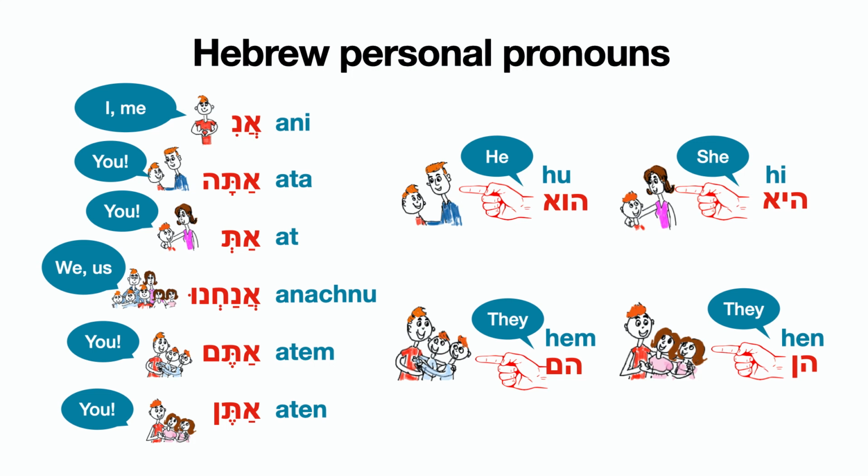And hu means he, hi means she, and hem means they when referring to males, and hen with an n means they when referring to females.